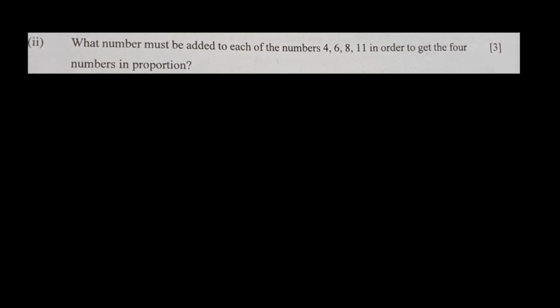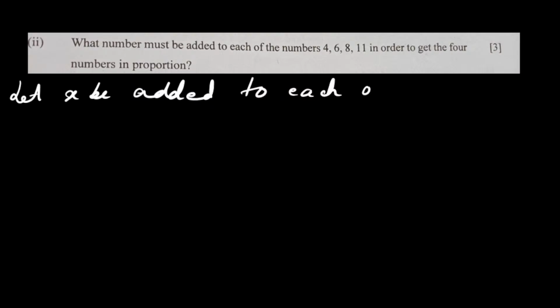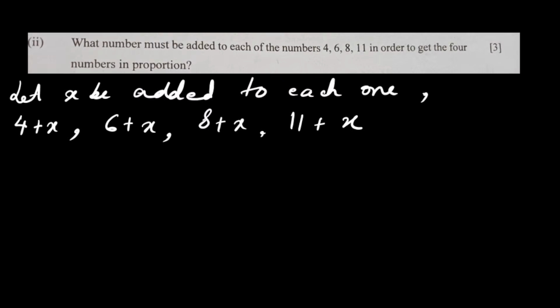Then this will become 4 plus x, 6 plus x, 8 plus x, 11 plus x. They are telling what must be added to each of the numbers in order for the numbers to become proportional. Now we have four numbers and we will apply the proportionality formula.